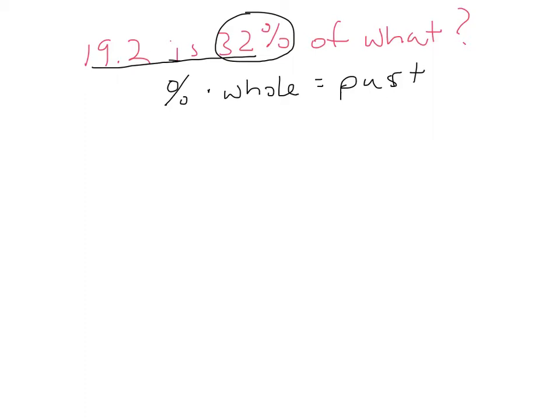So let's first write the percent as a decimal. So 0.32 times, and I'm looking for of what? So I'm looking for the whole. So I'm going to use x as my variable there, is equal to the part, which is 19.2.